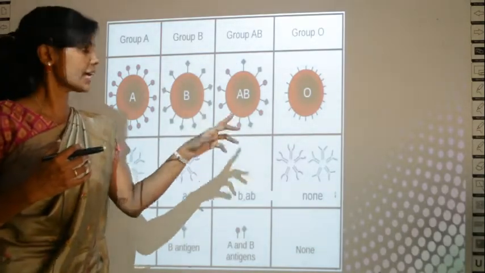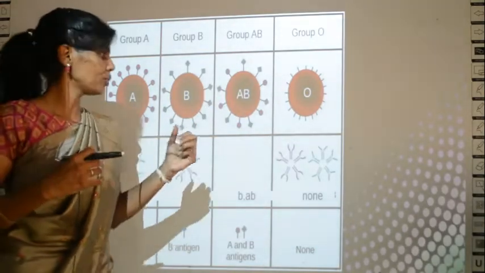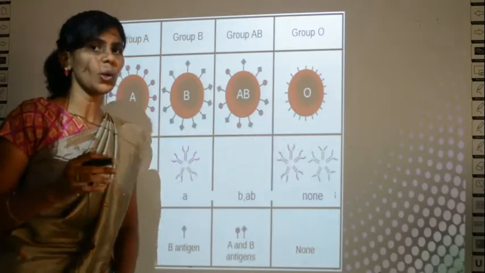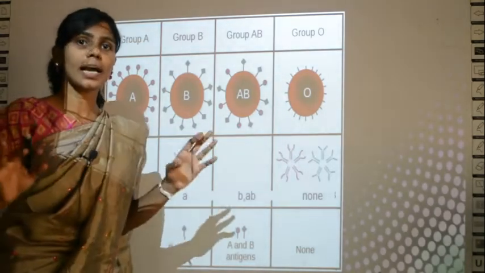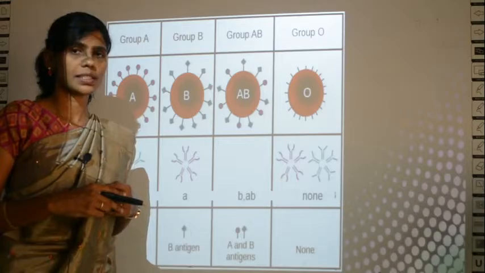That is why they are called AB blood group people. And if you see O, he will not have any antigens on the surface of the RBC cells.